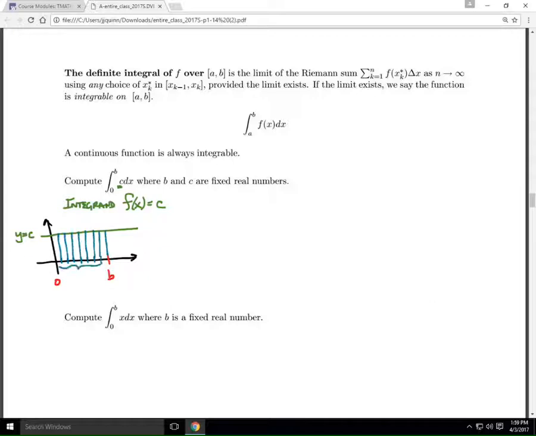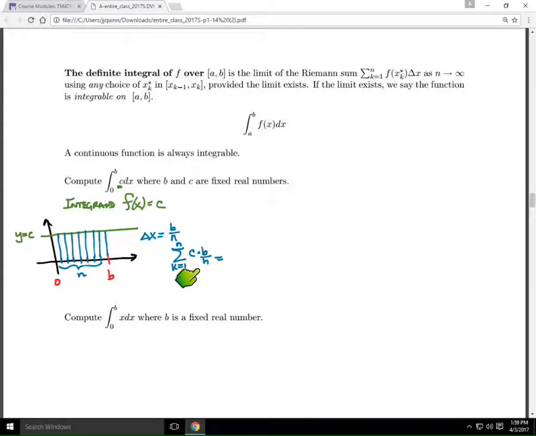If we're going to use a Riemann sum, we would break it up into n equal width rectangles. The rectangles would have a width of b divided by n, and for each rectangle, its height is c, because the function's constant, times its width, which is b over n. Now, this is our Riemann sum in n subdivisions.